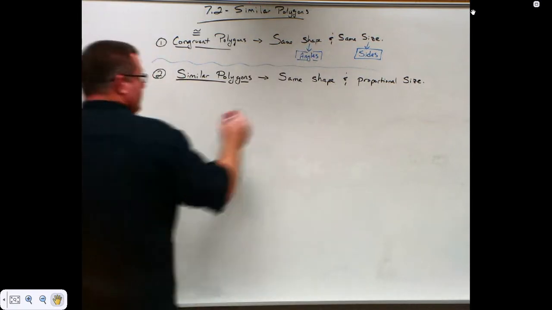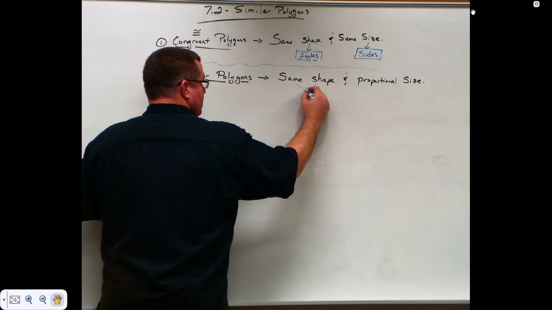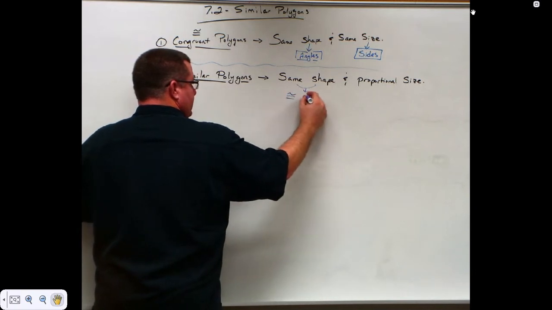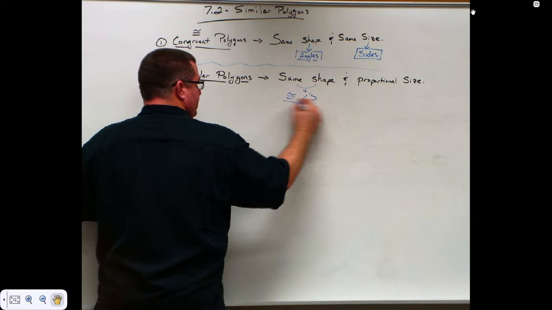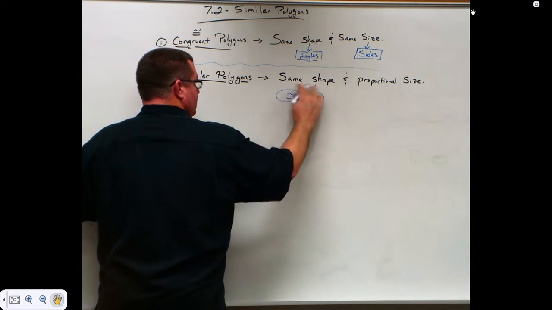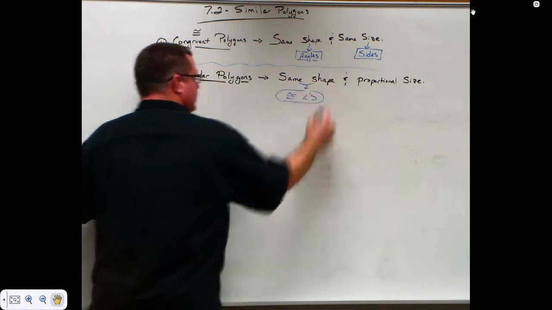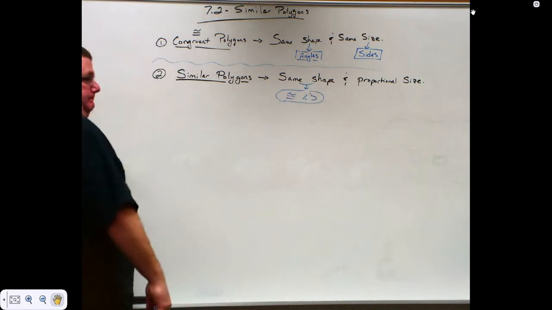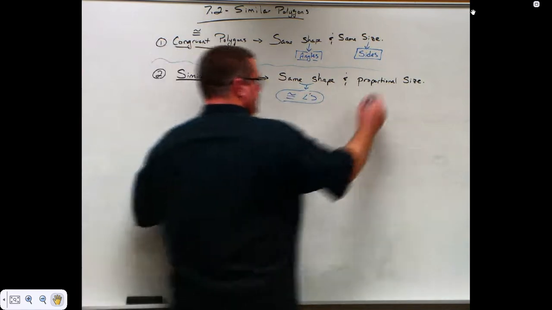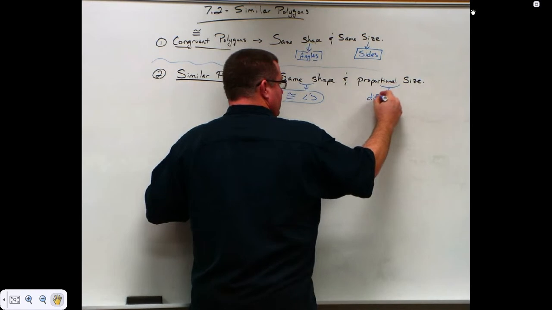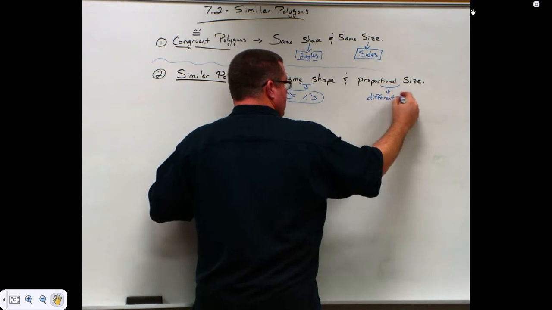Well, the same shape, what do you think that means? Congruent angles. So the angles stay the same, don't they? For right now, we'll just say different size.